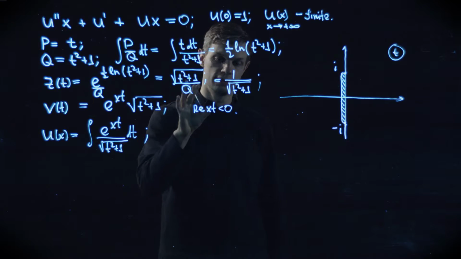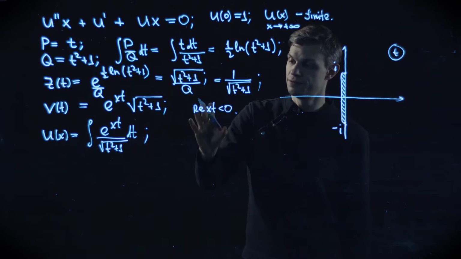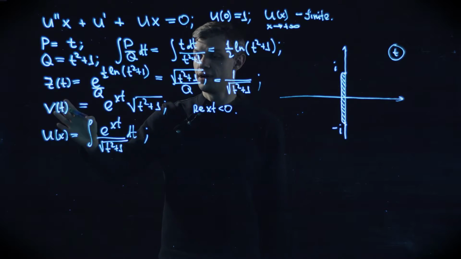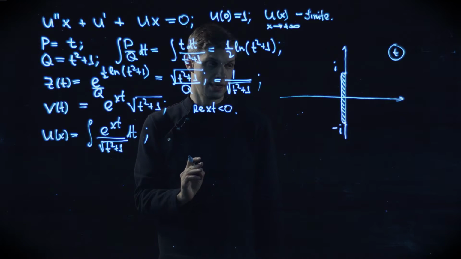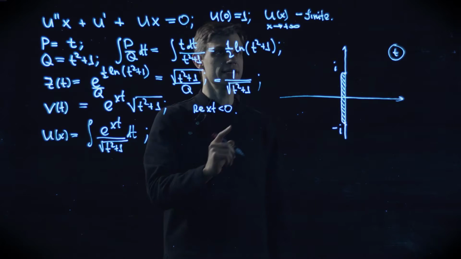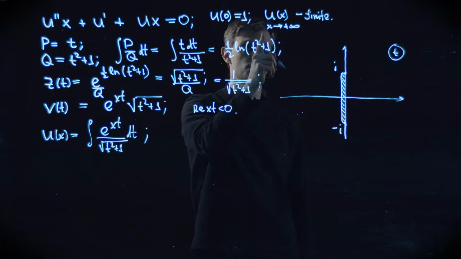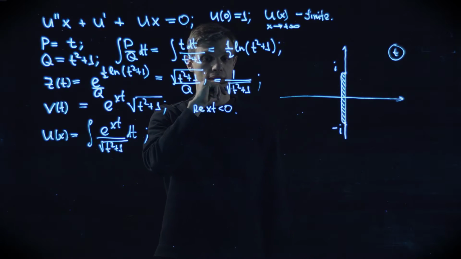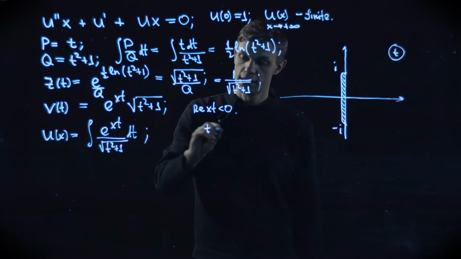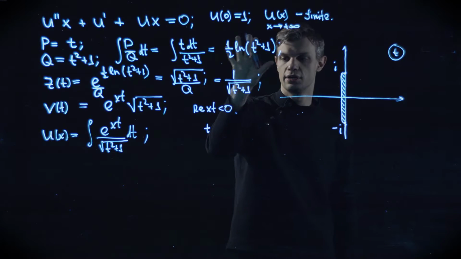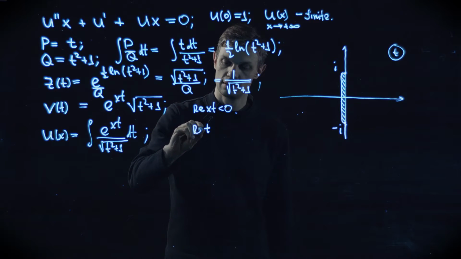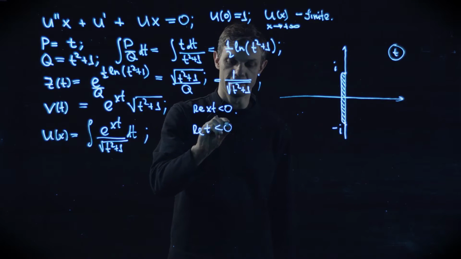And if we are lucky to find these regions, then in this region the function also vanishes. All right. So in our particular case, we consider the case where x is positive, and that means that t should belong to the left complex semiplane. So the real part of t should be negative.